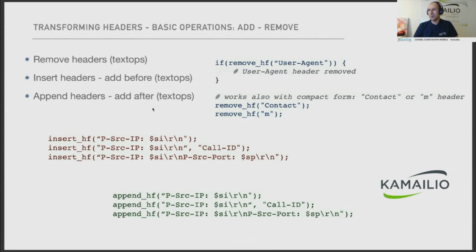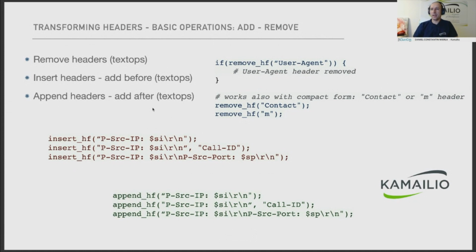If you want to remove, you have the remove_hf function from the textops module. And it works with both types of names, the normal names and the compact ones, like contact and m are the same. So you don't need to use both of them. One variant will delete no matter if it is contact or m as the header name in the SIP packet.